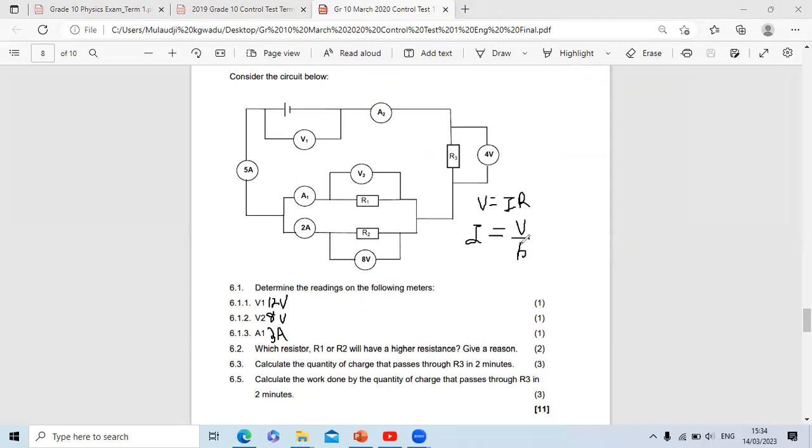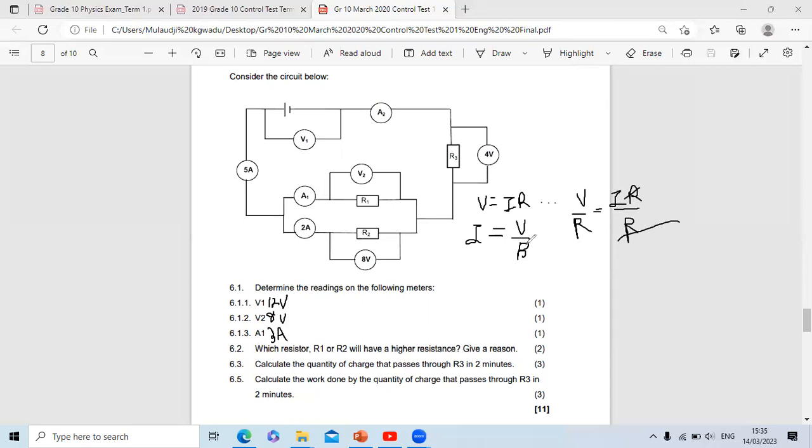Basically, how we do that: you say V, you divide both sides by the resistance, and that is equal to I divided by R, and this R cancels out with this R, and you're left with current.